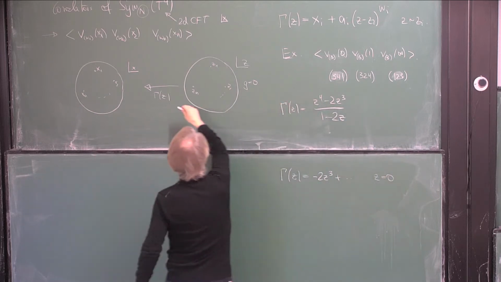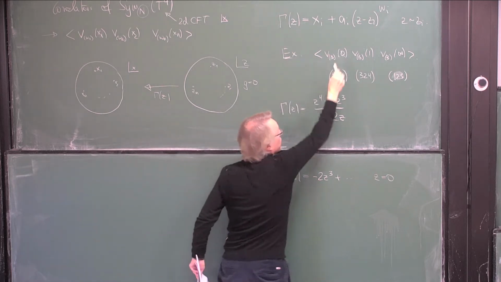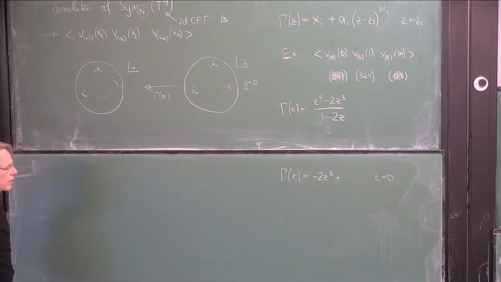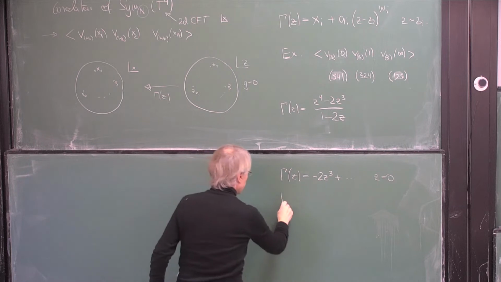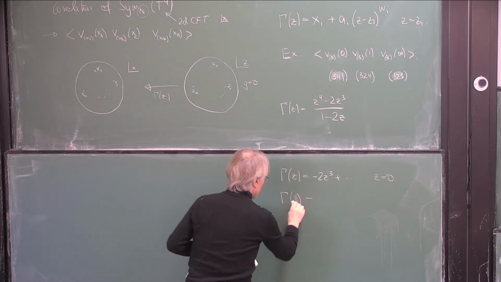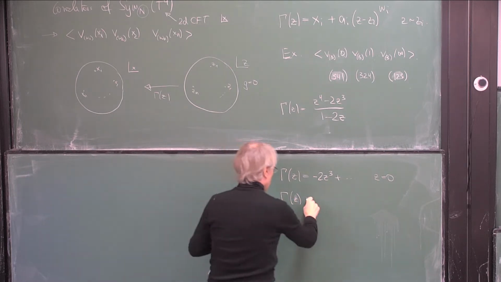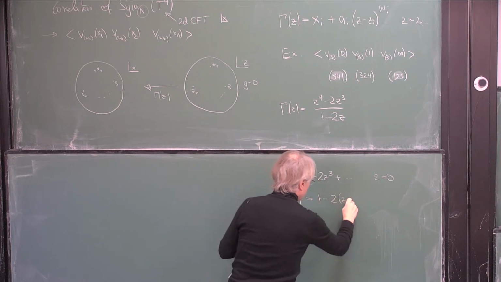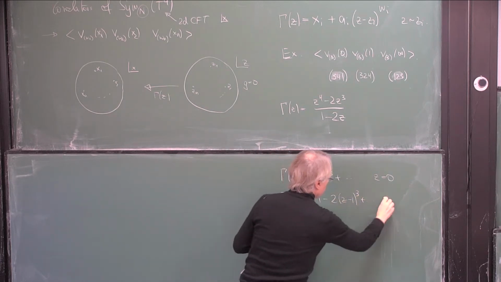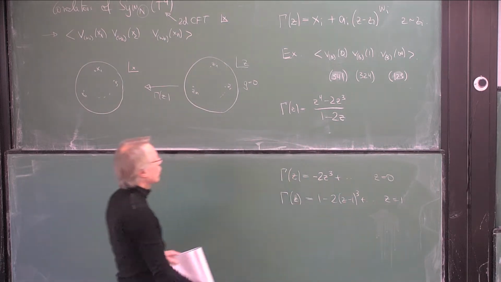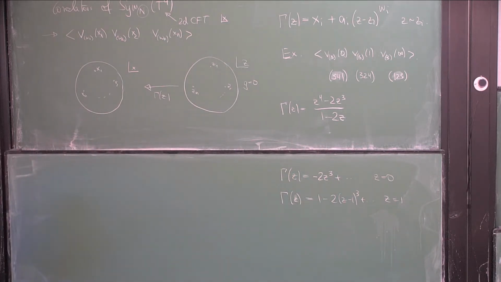So this is of this desired form, right? Because it maps 0 to 0, and then near 1, it'll look like 1 minus 2 times (z minus 1) cubed. That's what it does near 1. So it maps 1 to 1, but again with a threefold covering.